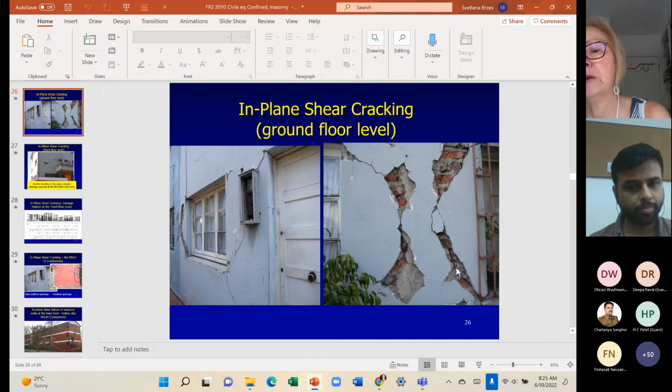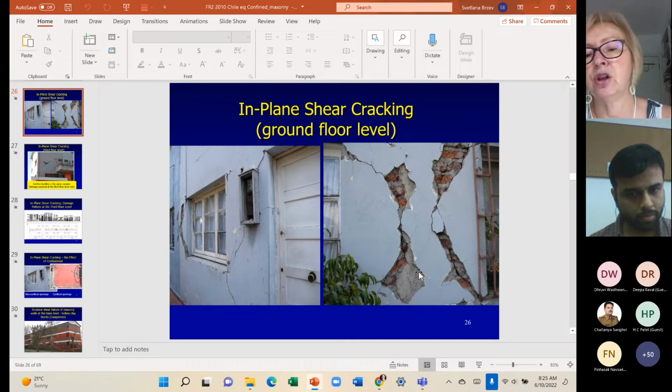And in this wall, in the middle, you see there is a tie column. The crack happened on the side of the tie column, because there was a cross wall behind it. In the middle there is a concrete portion which is the tie column, but this brick masonry portion is damaged, and it could be repaired.